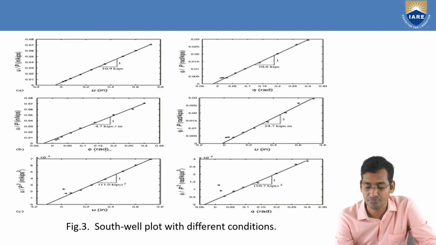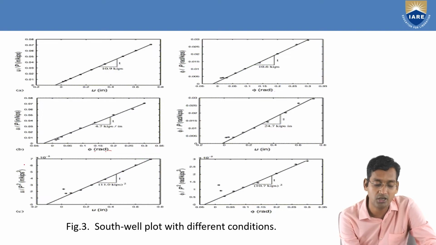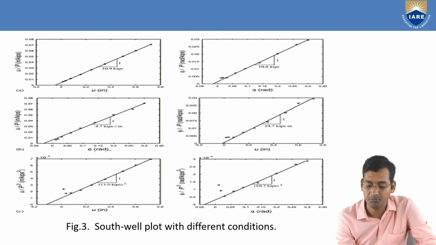Similarly phi, nu, phi, right? Here u by P square, u by P, phi by P, phi by P square. So phi is what? Radian, right? P square is kips square. Phi is here radian and P is kips.